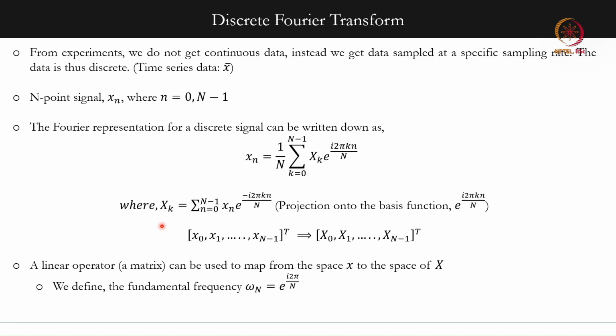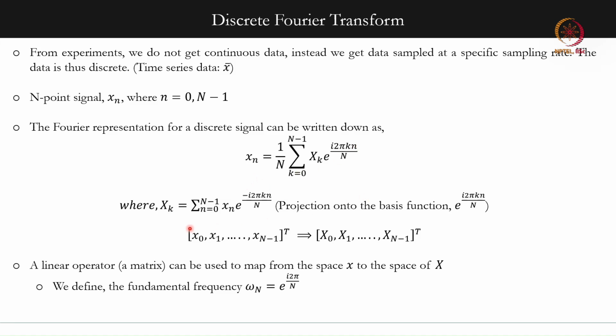And once I have all the projections estimated, these are essentially the Fourier coefficients that we studied for the continuous functions. So once I have these Fourier coefficients or projections estimated, again I can express this f of t, or here my discrete time series data x_n, as a linear combination of my basis functions. So that is exactly what we have done here.